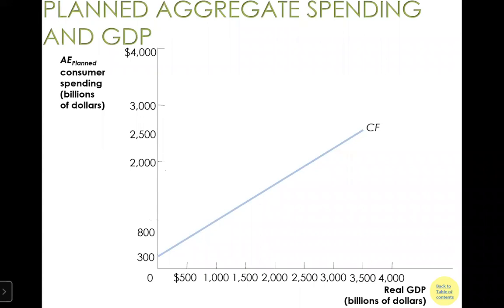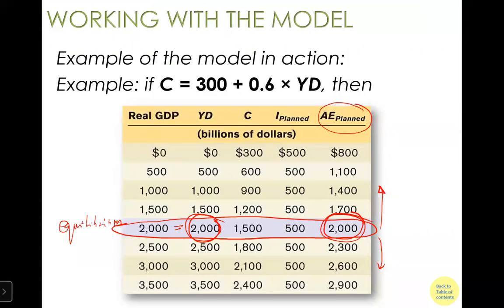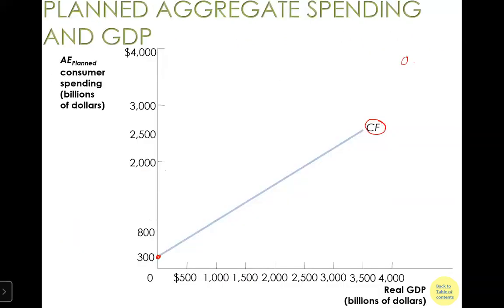Now I'm going to put the things we just discussed in this graph and give you a visualization. We start with the consumption function. Remember, 300 is autonomous spending. The slope of this consumption function, I believe, is 0.6. So 0.6 is the slope.